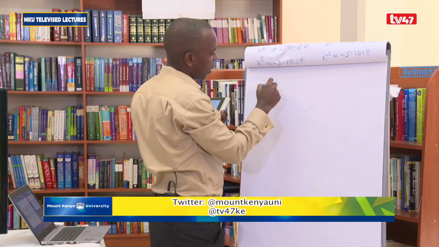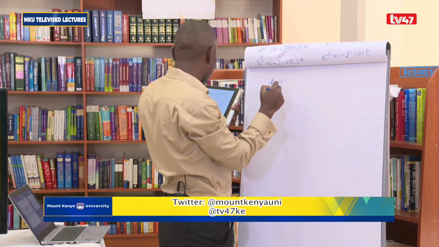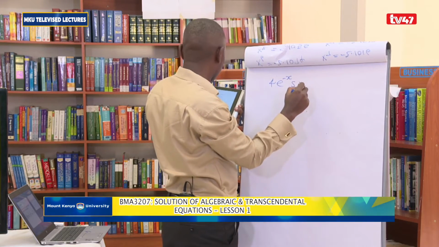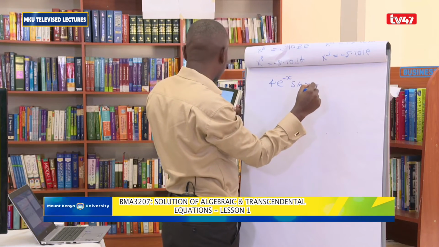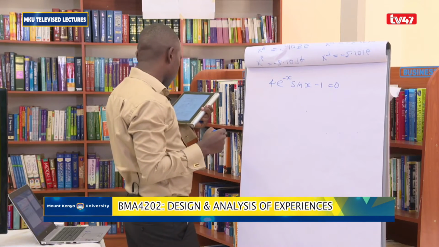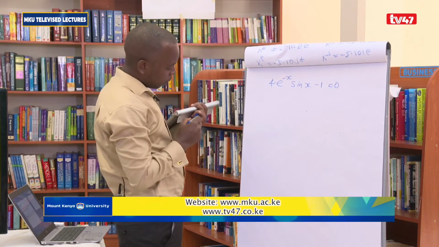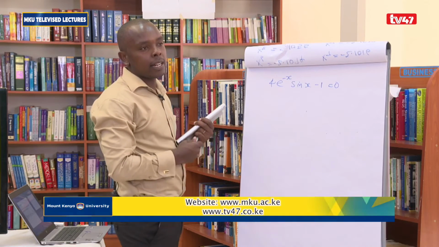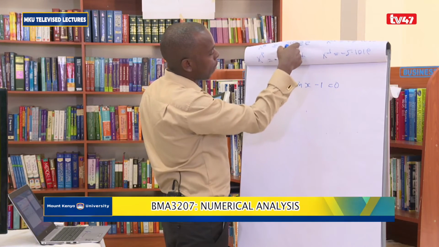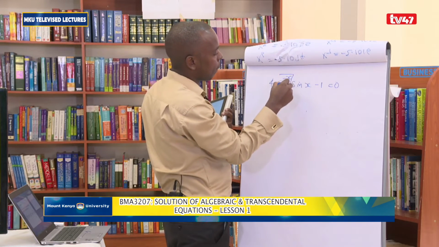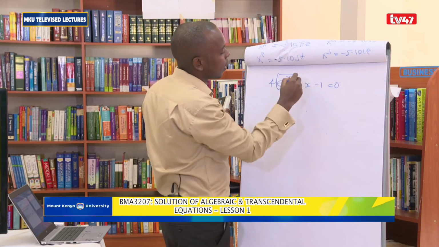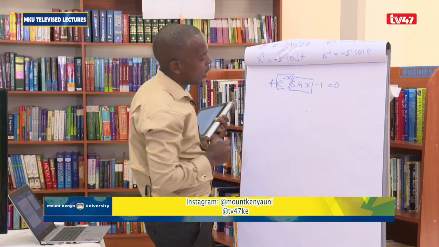This is our equation: 4 exponential to the power negative x, sine x, minus 1 is equal to 0. This is a transcendental equation, since we have an exponential function here, and we have a trigonometric ratio here.